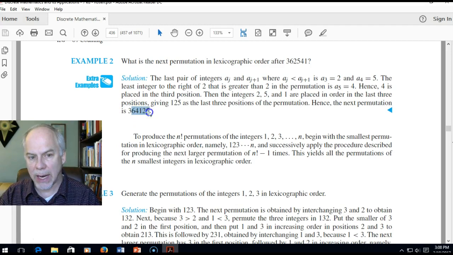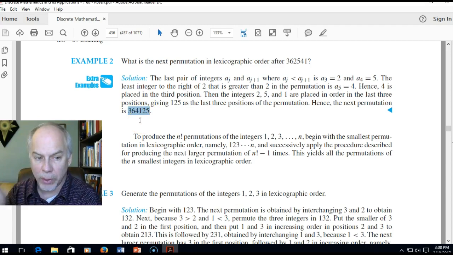And so that's why you get this number that I've got highlighted right there, 3, 6, 4, and then 1, 2, 5. 1, 2, 5 is the lowest permutation for the remaining digits of 1, 2, and a 5. Okay, so study that, think about that. That's the next highest permutation after that given permutation.